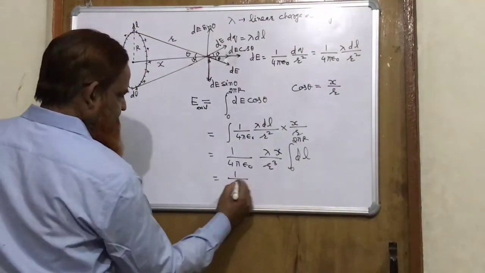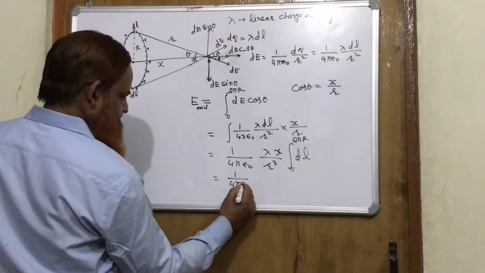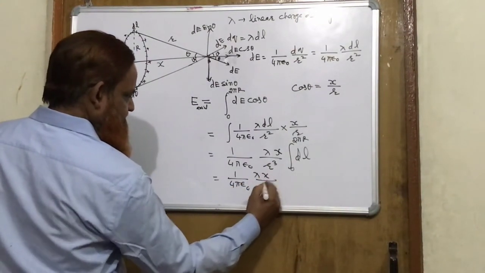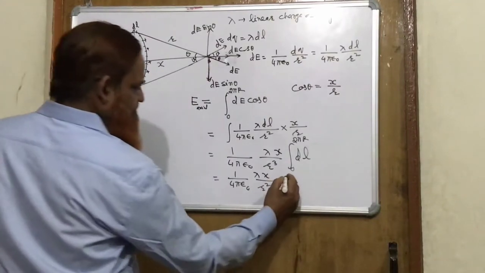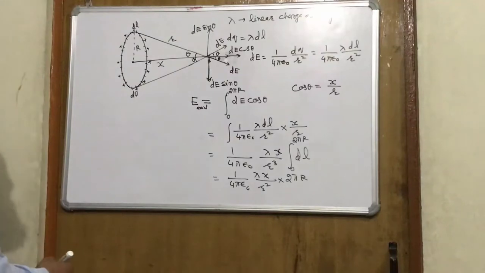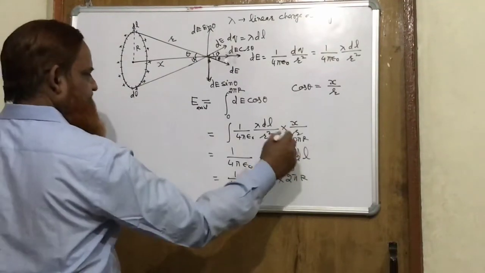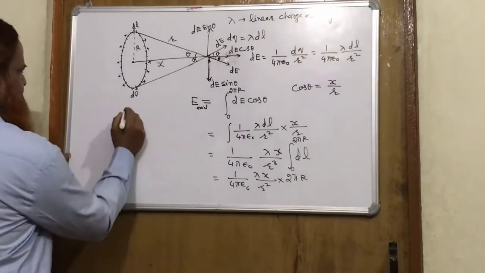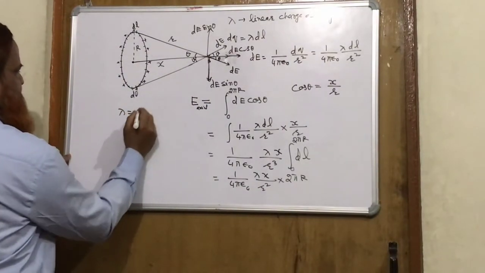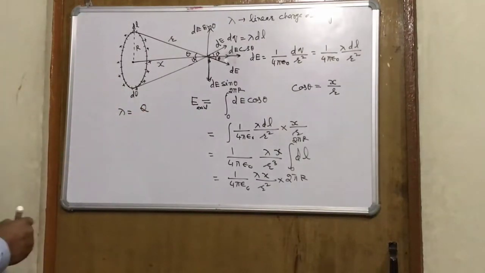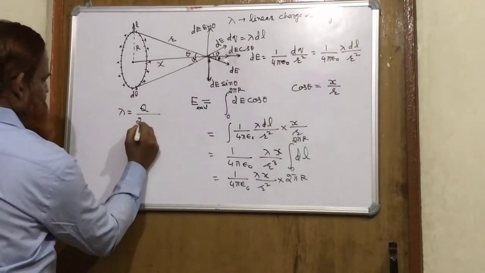So it will be 1 upon 4 pi epsilon naught lambda x upon r cube into 2 pi r, because the integral of dl is L, 2 pi r minus 0, which is 2 pi r. And lambda is equal to, if the total charge is q, q upon 2 pi r.